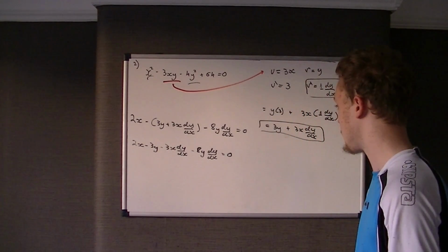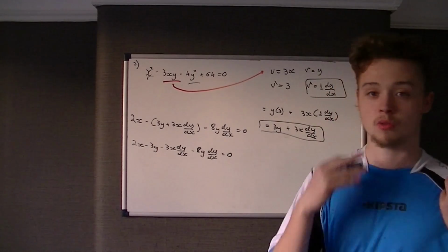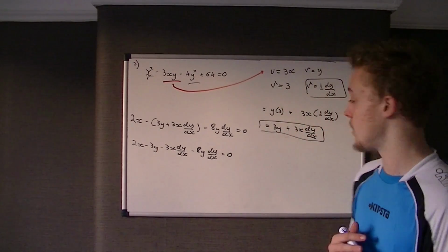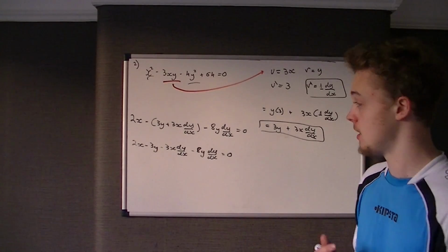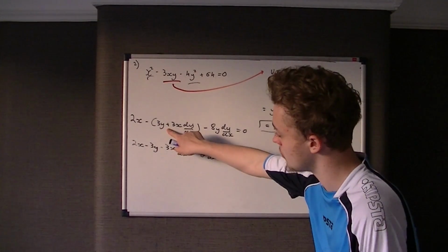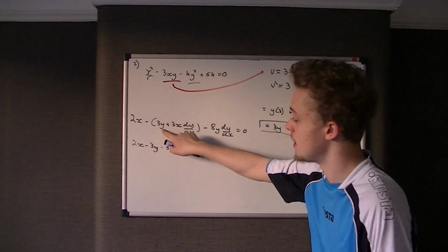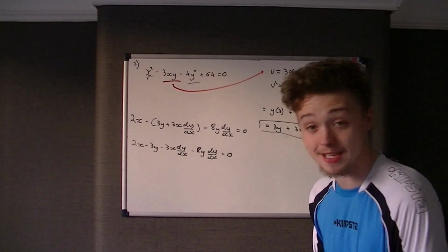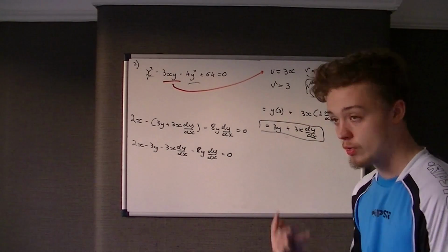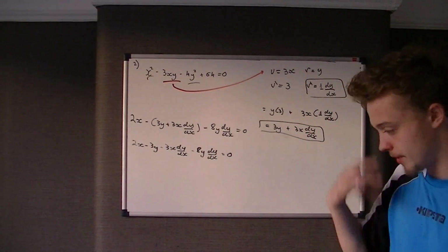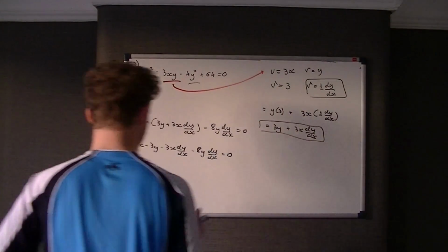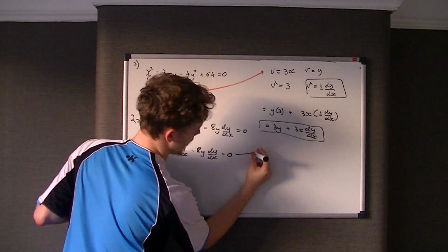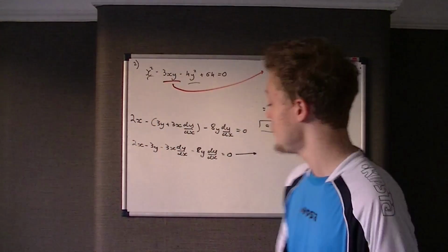But it could possibly be, because you are taking away the differential of 3xy. And if the differential of 3xy was, say, 3y minus 3x dy/dx instead of plus, you would have to sub a minus in there. So when you take away 3y, and then you take away negative 3x dy/dx, you end up adding 3x dy/dx. So it's crucial to put these brackets there. I do emphasise it because it's quite a common mistake, and not the genius I am, I made it once or twice, so it's very easily made.